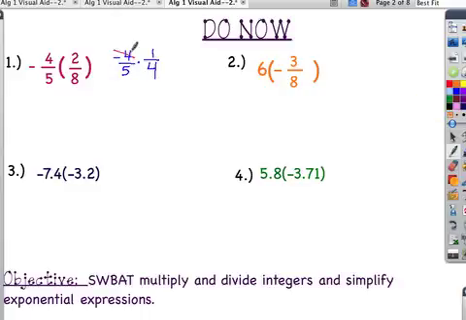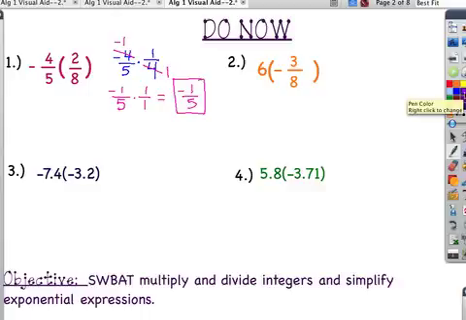The -4 becomes -1, and the 4 becomes 1. Now I have -1/5 times 1 over 1, or -1/5.